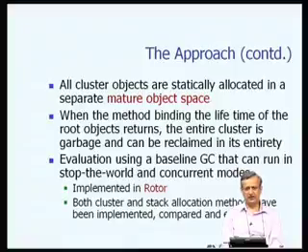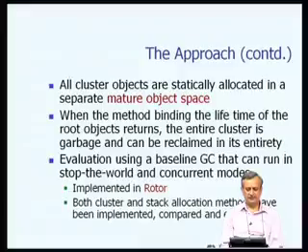So, we actually allocate on the mature object space, and we release that mature object space part when the method dies. Okay. So, the long living method dies, then that area is also released. So, there is no garbage collection on the mature object space. When the method bounding the lifetime of the root objects returns, the entire cluster is garbage and can be reclaimed in its entirety. So, that is what I was saying.